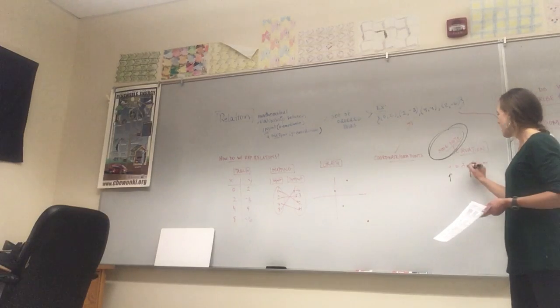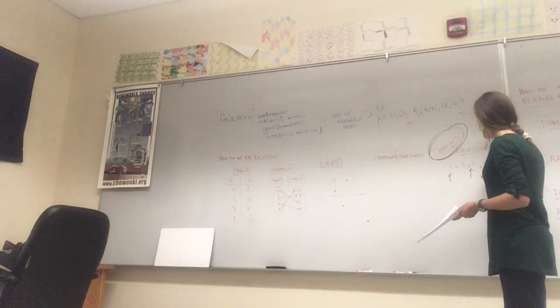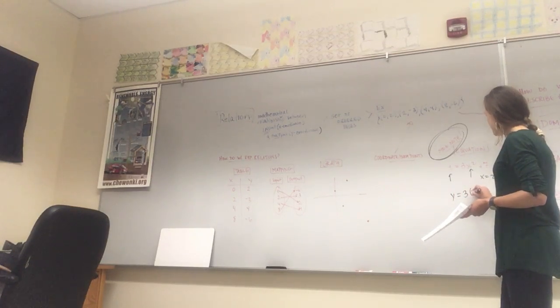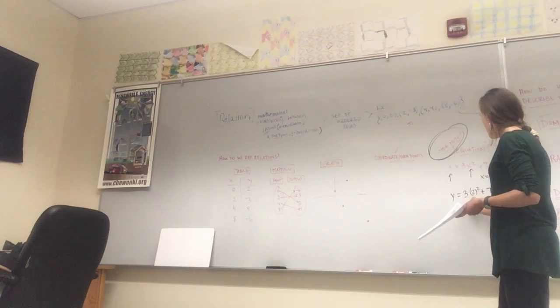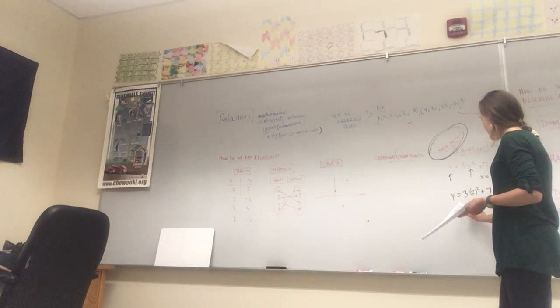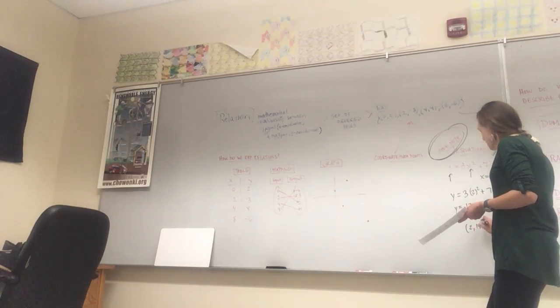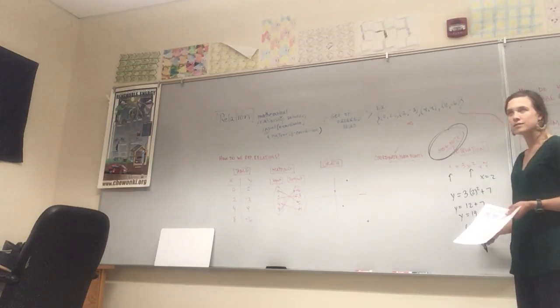If I put X equals 2, I could then plug that in, Y equals 3 times 2 squared plus 7, so that'd be Y equals 12 plus 7, Y equals 19, so this would be 2, 19 would be my relation here.